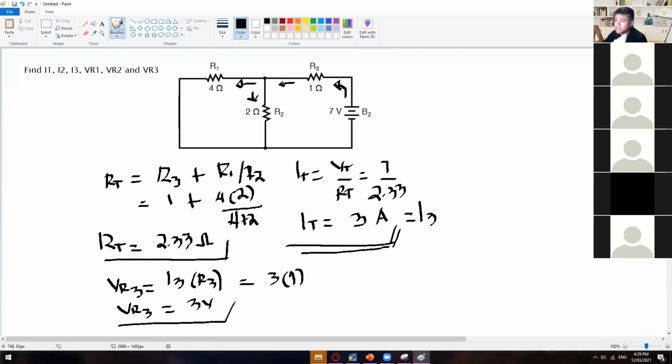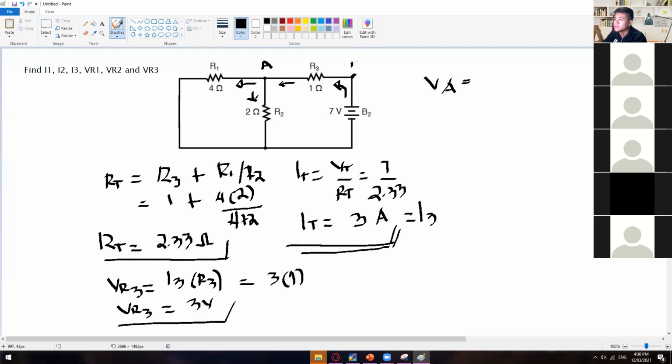And as you guys can see, you can just simply get the current that is flowing on the R2 and R1 if we know the voltage of this node, or the potential voltage from this point up to this point. So again, let's just call this one our node A. If we want to get the voltage at node A, let's just say VA, we have to get the potential voltage right here.